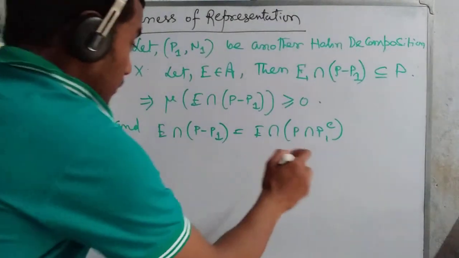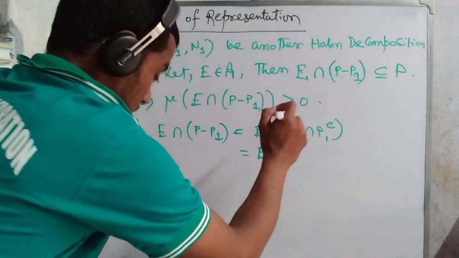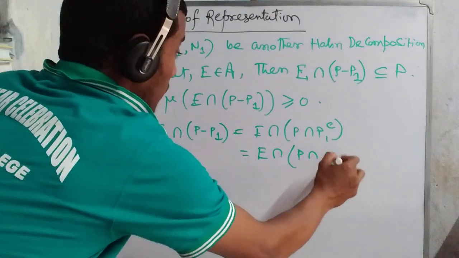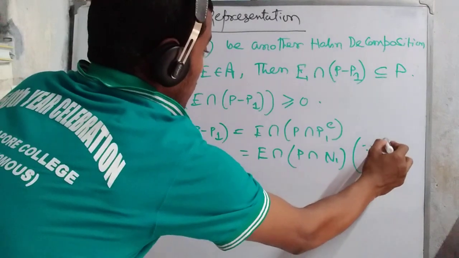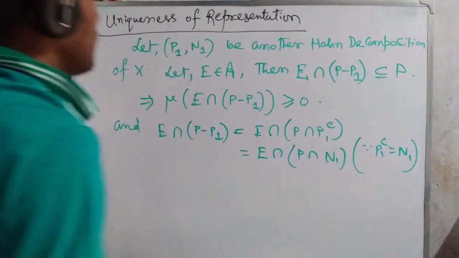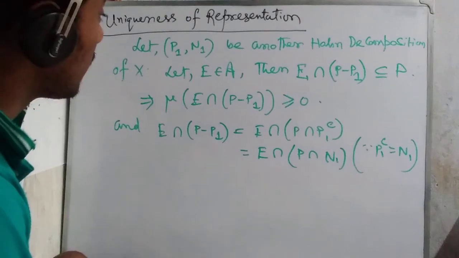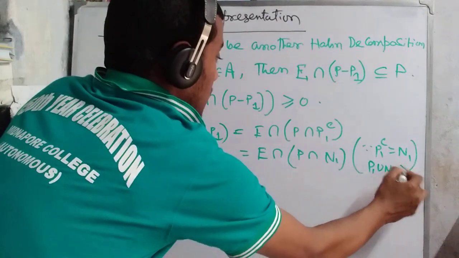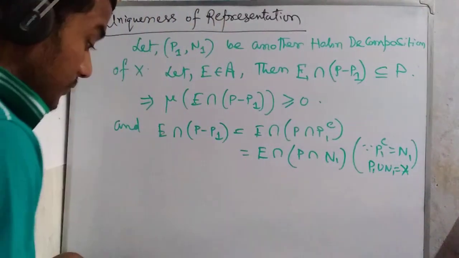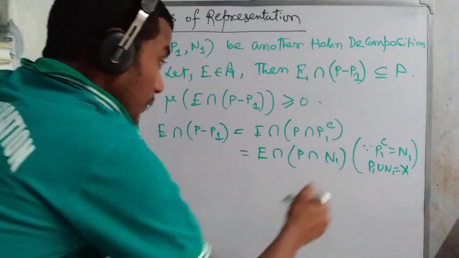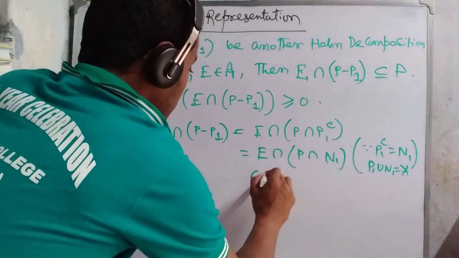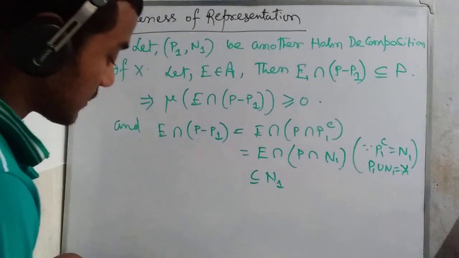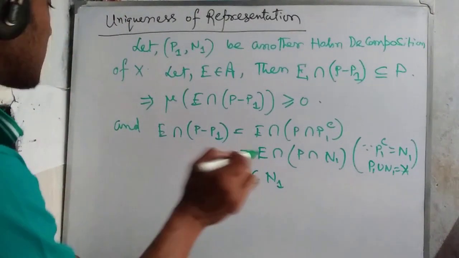Because P1 union N1 equals X, P1 complement equals N1. So this is a subset of N1.